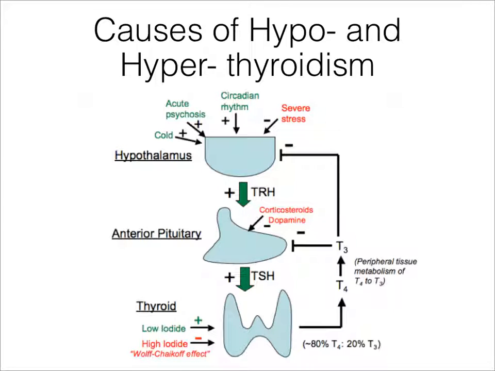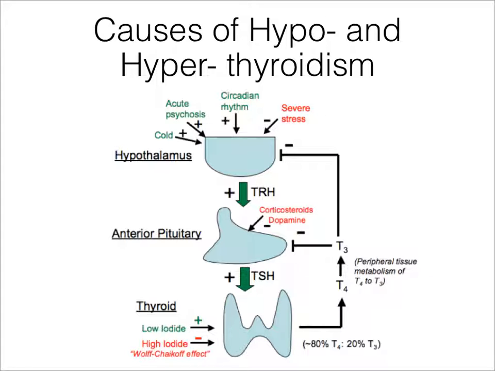General causes of hypo and hyperthyroidism. So hyperthyroidism can be caused by too much secretion of TRH, usually caused by a tumor. Too much secretion of TSH, again, this is hyperthyroidism.